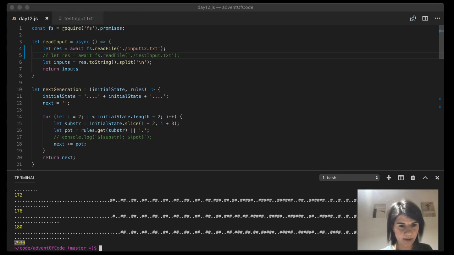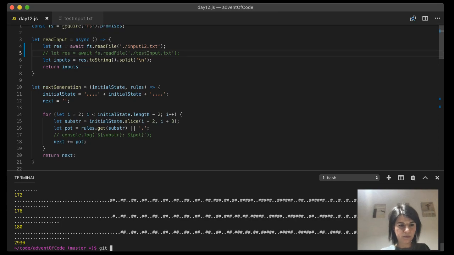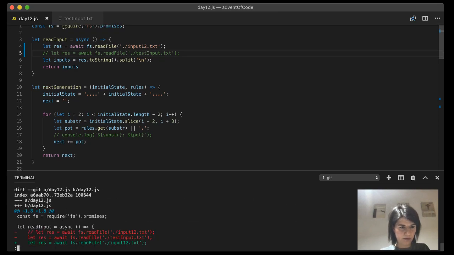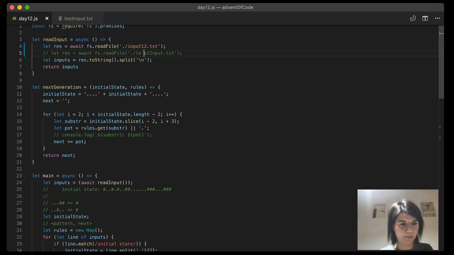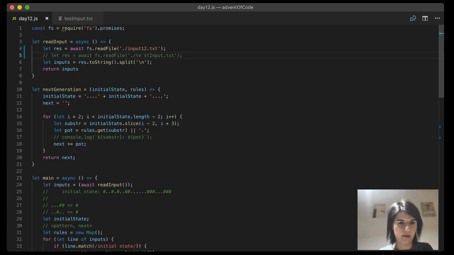Thanks for your help so far, but I think I want to figure out this printing problem. So git diff, only doing some printing, so let's ignore this for now. Just input.